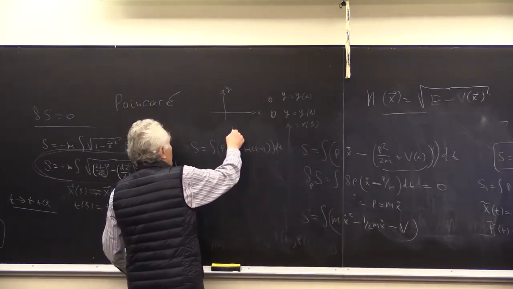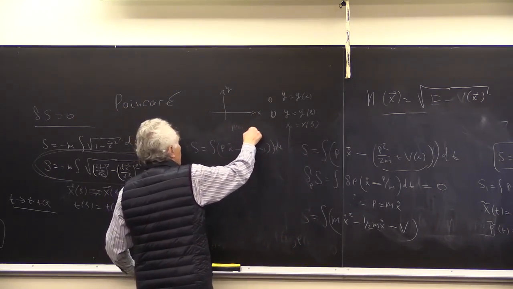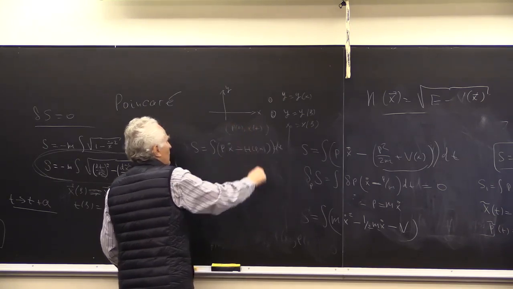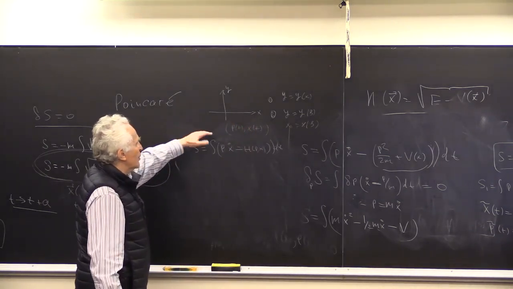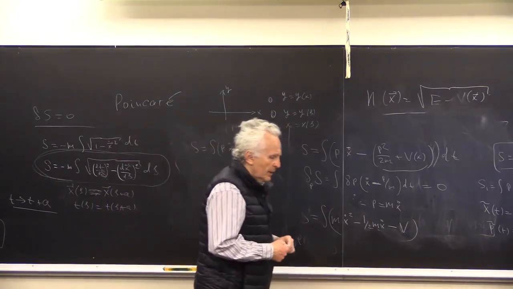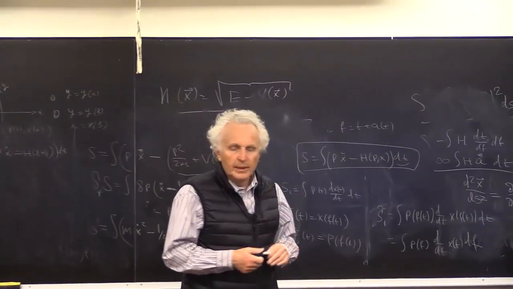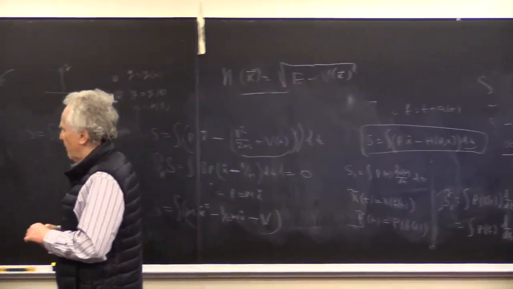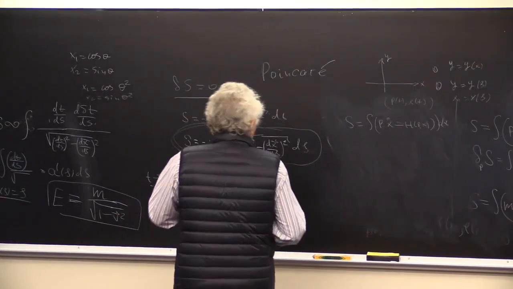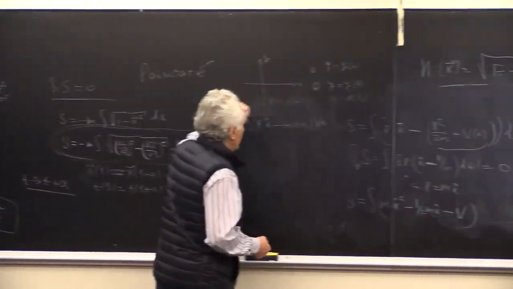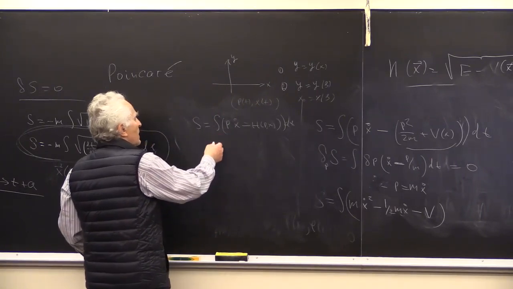It's a space of p of t and x of t, and a trajectory is defined if you fix what in terms of p and x? Yeah, the starting point. You don't have to fix derivatives.